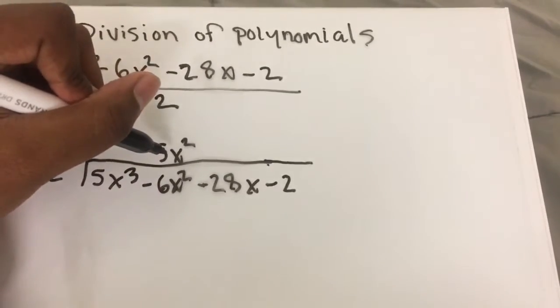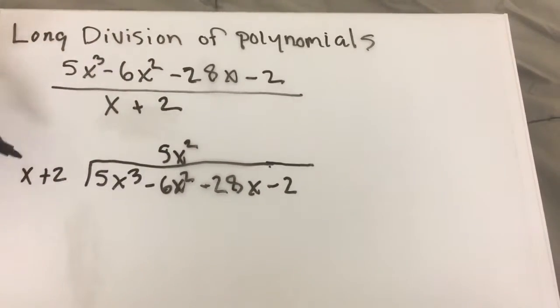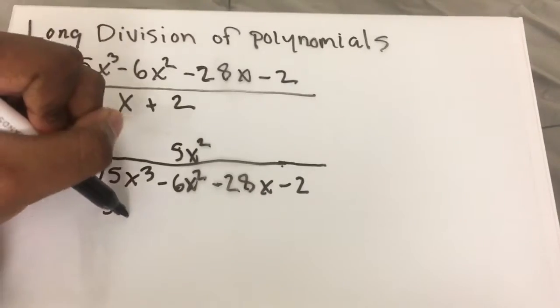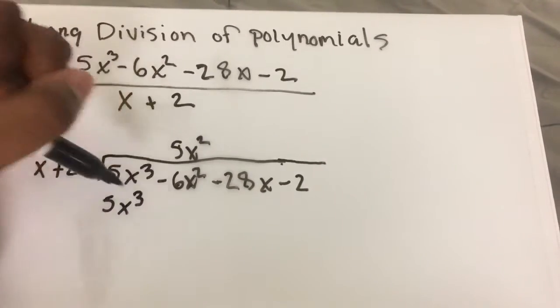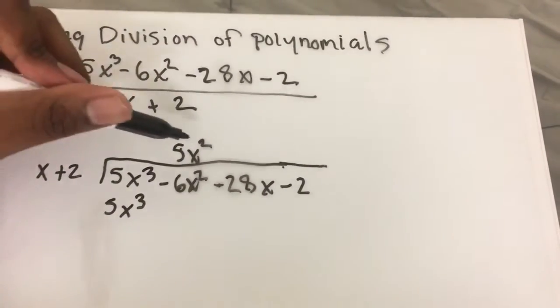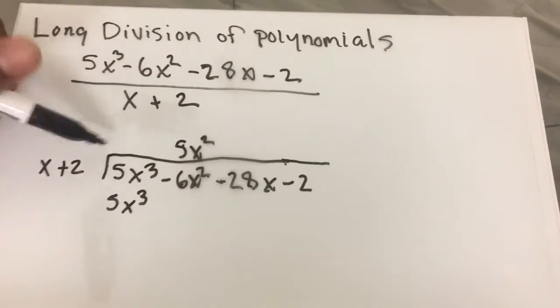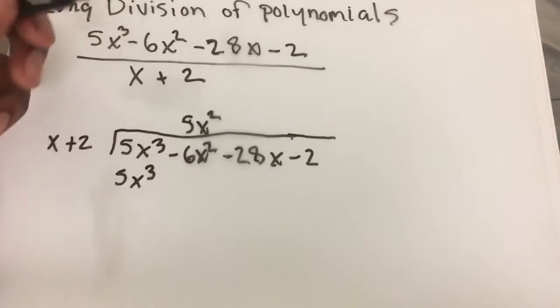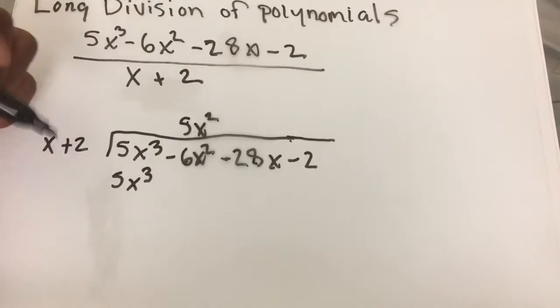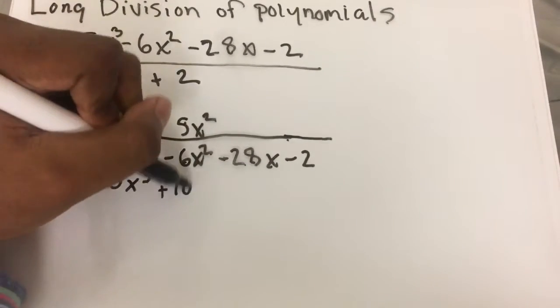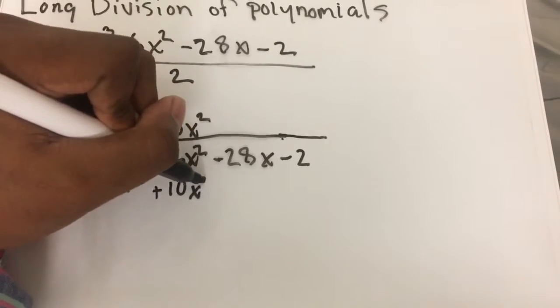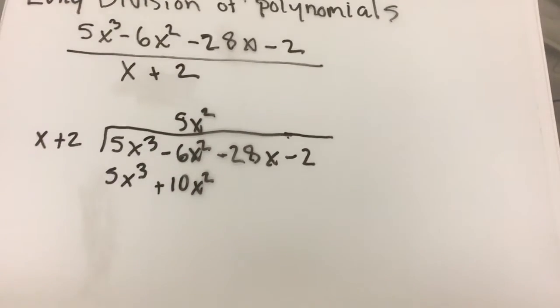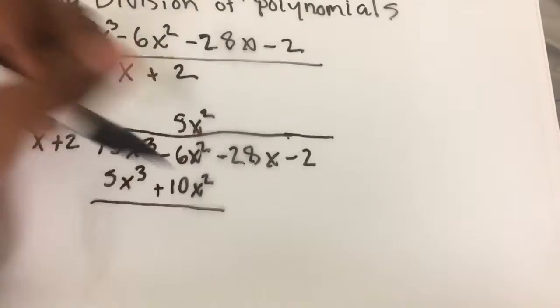So multiply these two, 5x squared times x, that's going to be 5x cubed, and then you're going to do 5x squared times a positive 2. So 5x squared times 2 will be plus 10x squared.